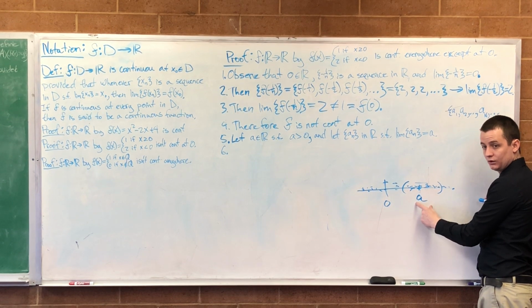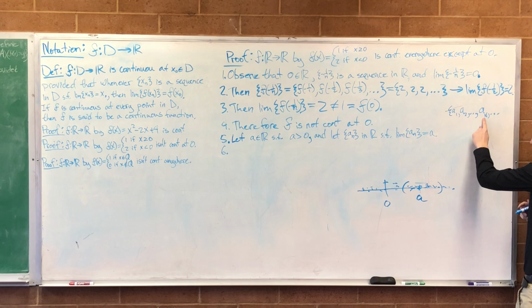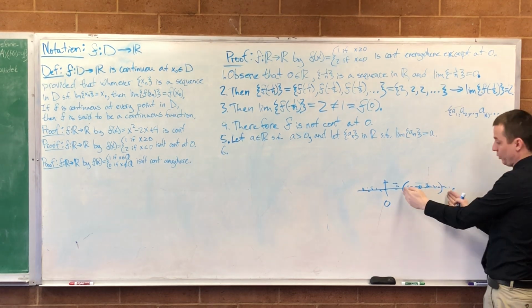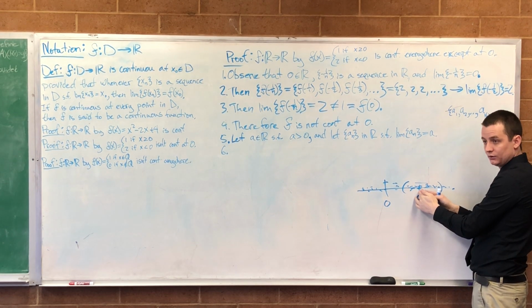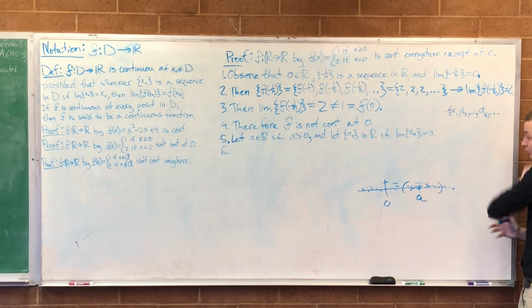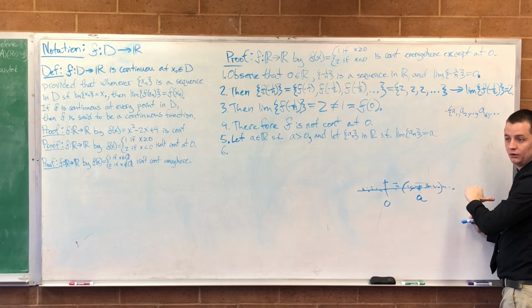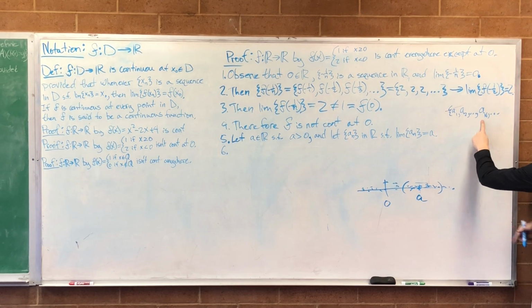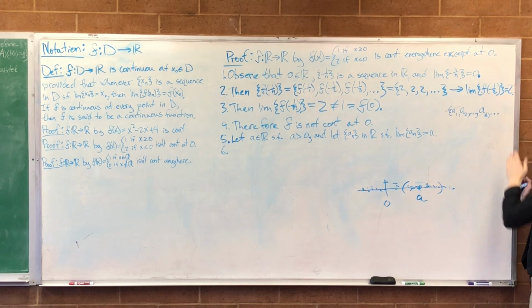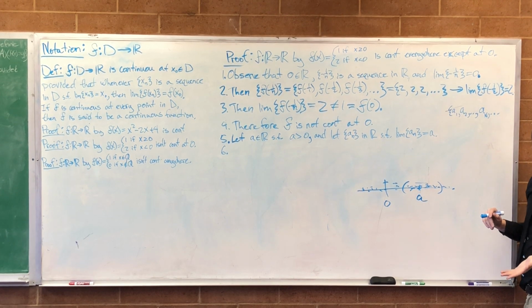So starting at this index going onwards, all these points are within epsilon of a, which means from this index onwards, all my points are greater than 0. So if I just start here and take all the points from this point onwards, I just created a subsequence. And notice all the terms of my subsequence are positive.